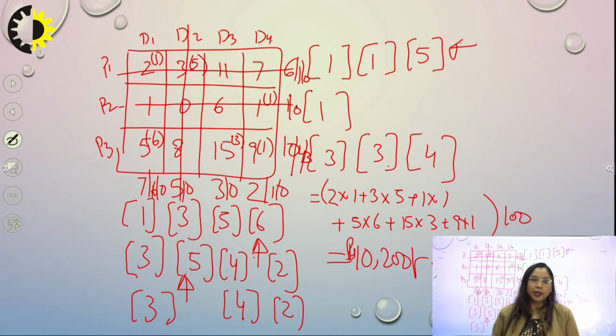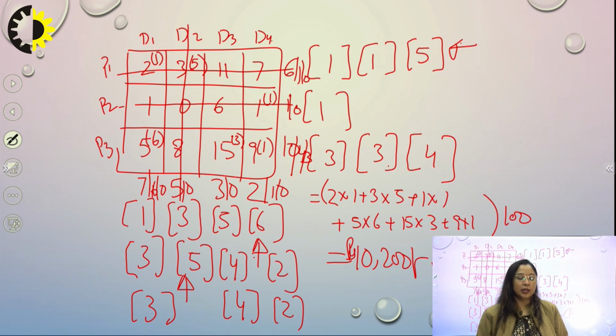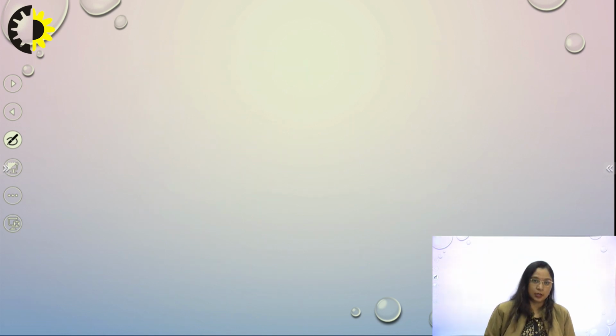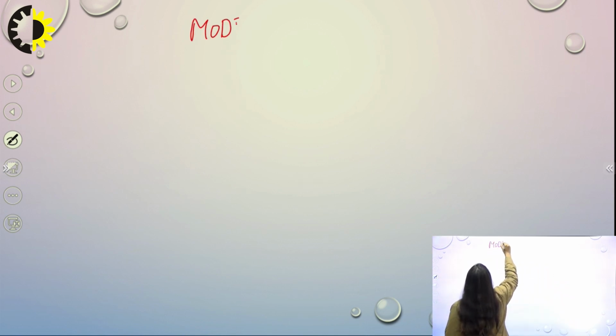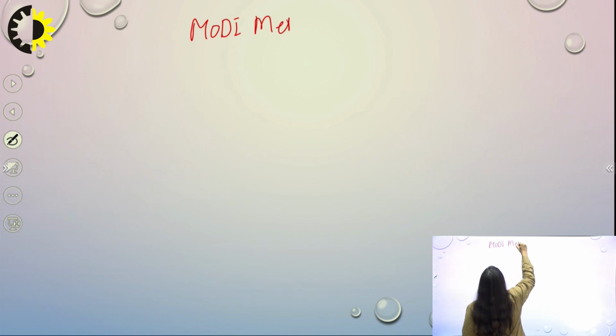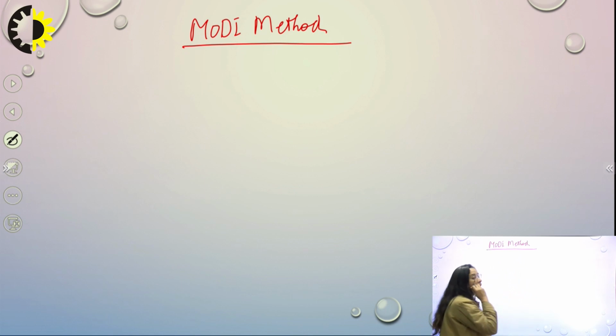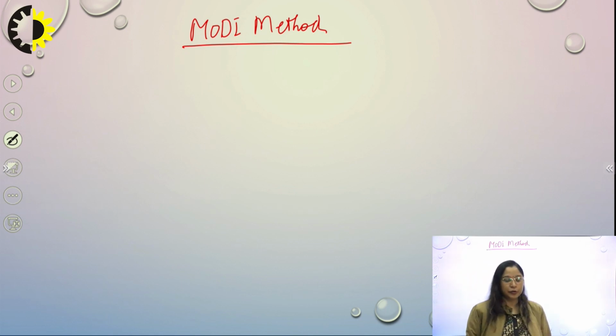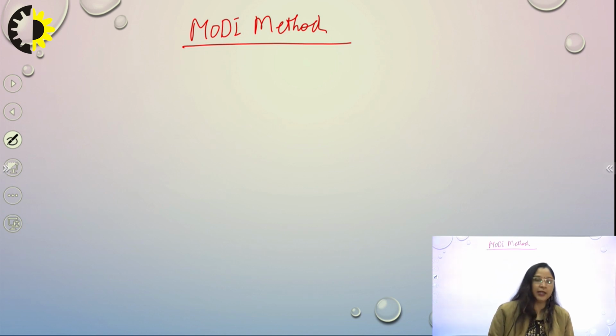Now it is the best solution. How to validate this? To validate this, we have another method that is known as the MODI method, modified distribution method. In the MODI method, what we have to do, we have to perform an optimality test first.